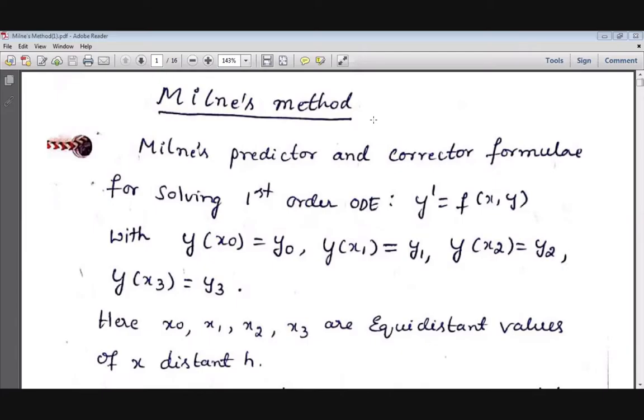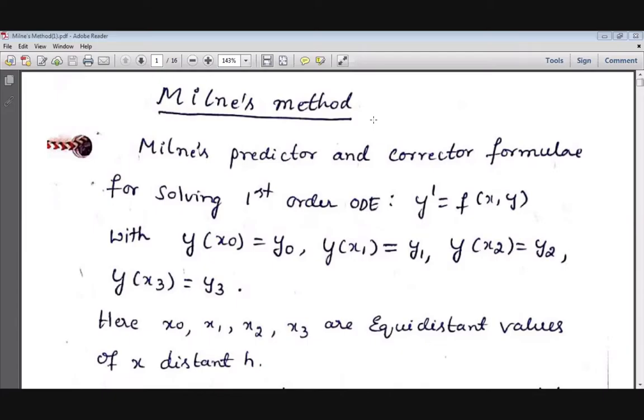Sorry for the disturbance. I will share that notes so that you can cross check your answers. This was the question, right? Fourth question. I will directly show the answer.